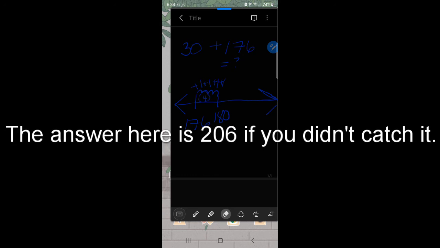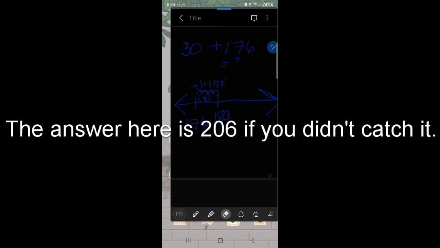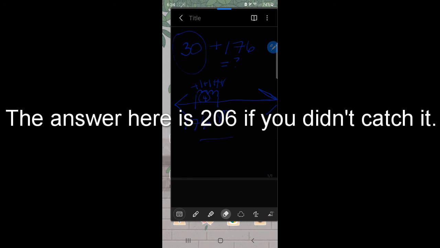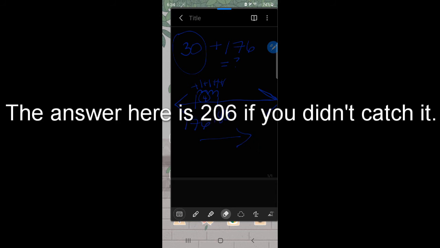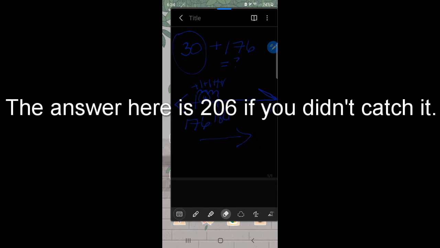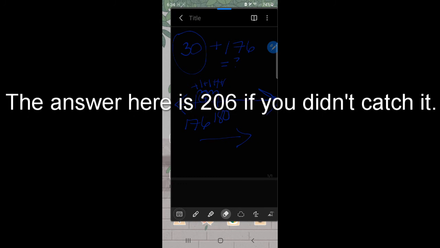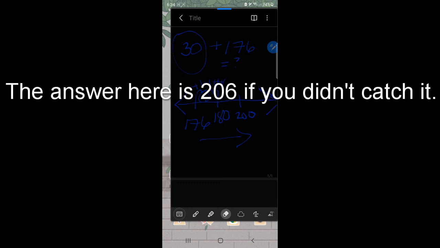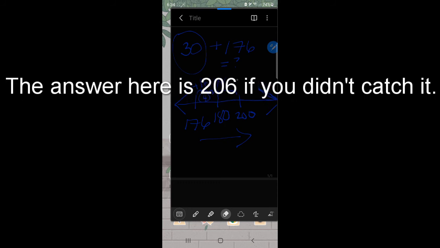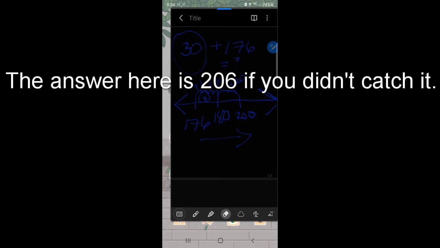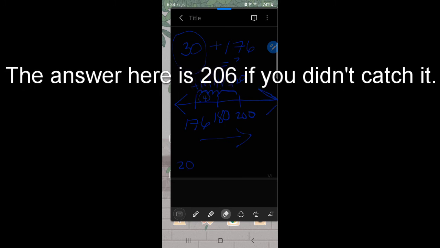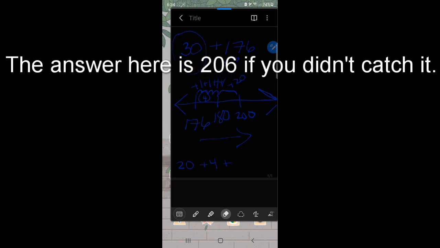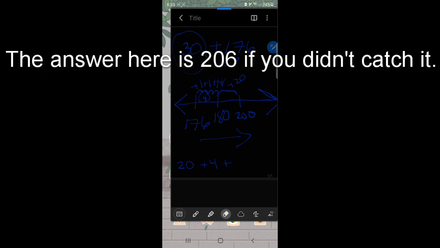Now I want to get to 30, and I'm only at 4. This is the amount that we have to go up the number line. So we're at 180 and we have 4. Let's say we add 20 to it, and that puts us at 200. So we just added plus 20. Let's keep a running number. We have 20 and we have 4 so far, and that's 24.